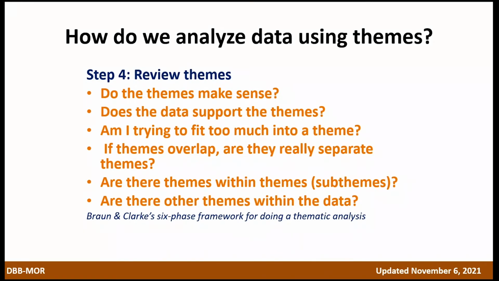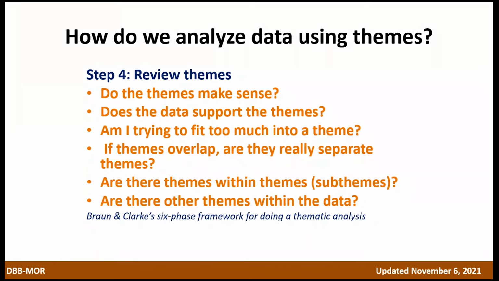It should be the word or the coined words that will really represent the data that you have gathered. If themes overlap, are they really separate themes, or maybe you can combine them? Maybe there is a theme that will represent the two themes because they are not actually themes.